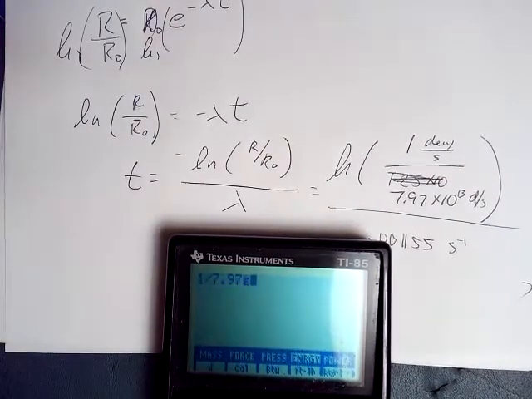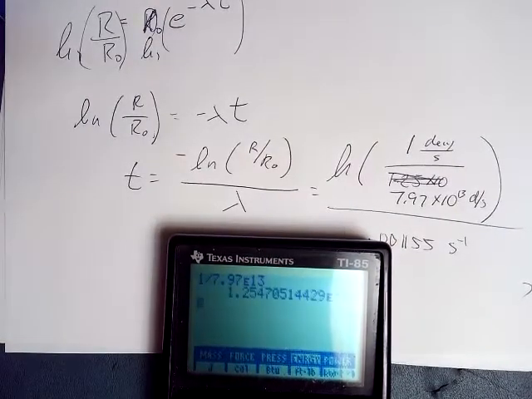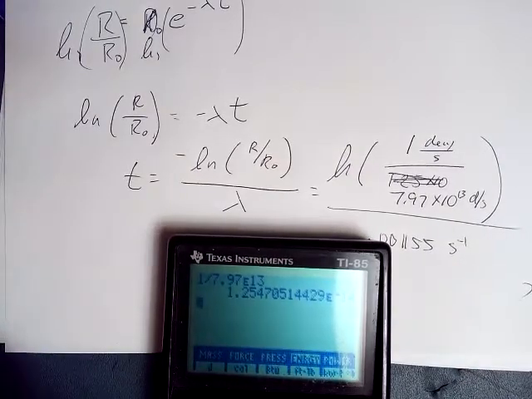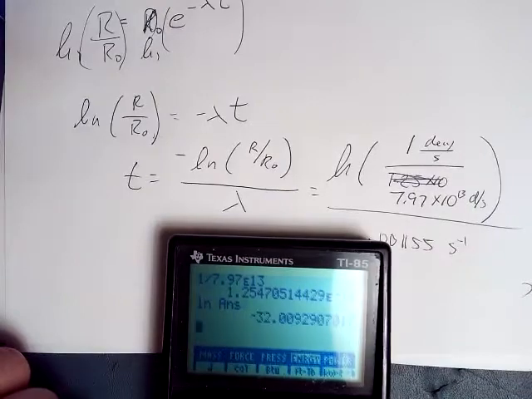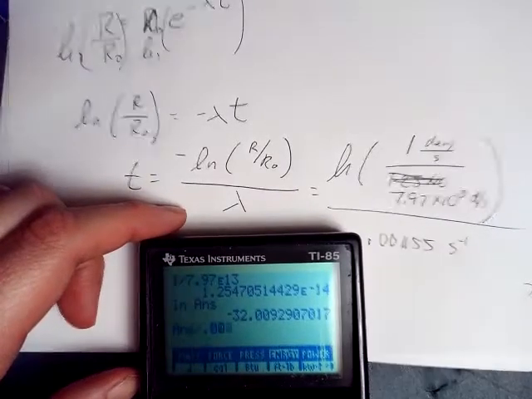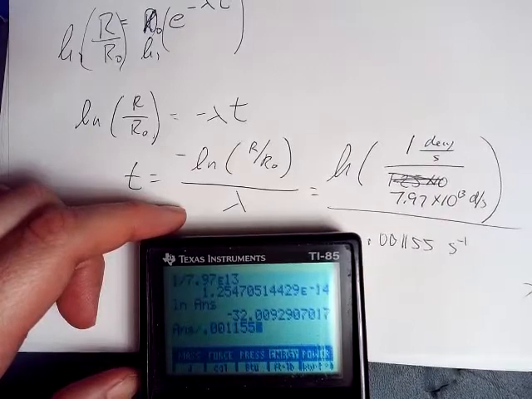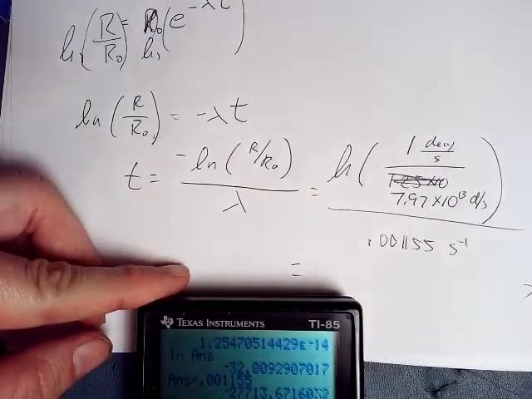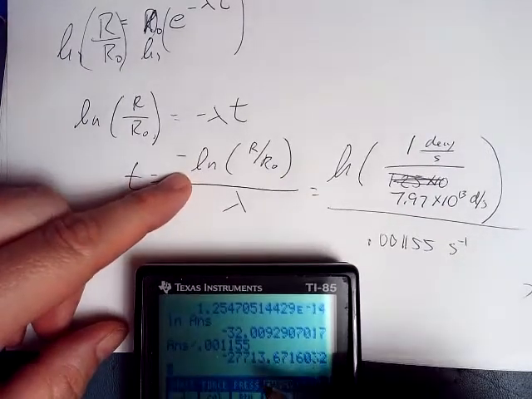If you can tell, I like doing my problems in steps so I can see what's happening as I go. It's easier to catch mistakes that way. Now just natural log of that. See, negative 32.